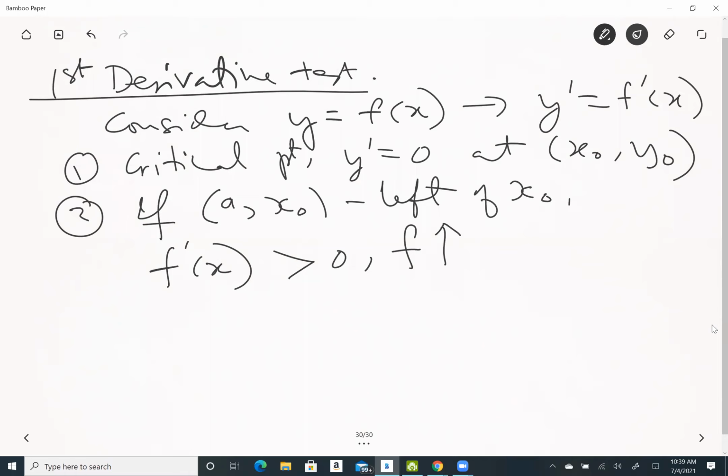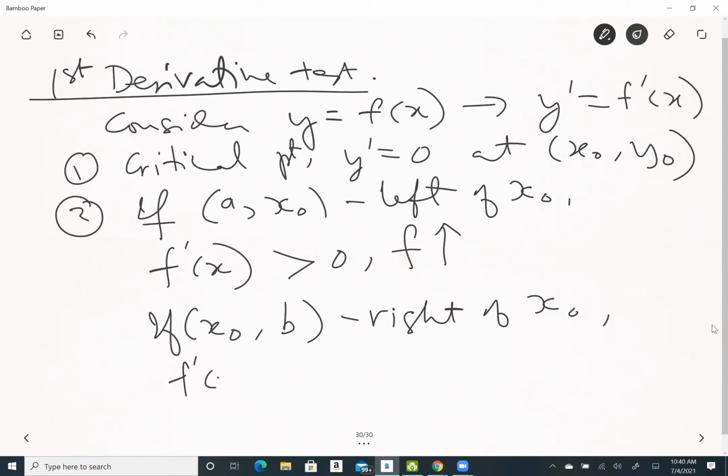And then you look at the other interval on the right, from x0 up to b. And f prime of x is negative, and we know that the function is decreasing. So do you have a maximum or a minimum at (x0, y0)?